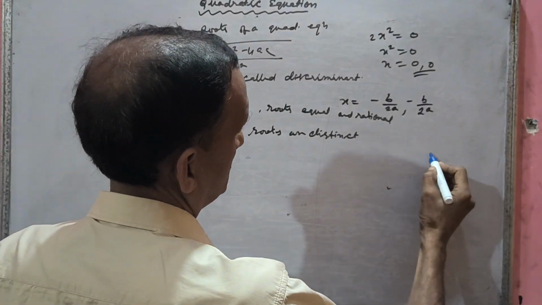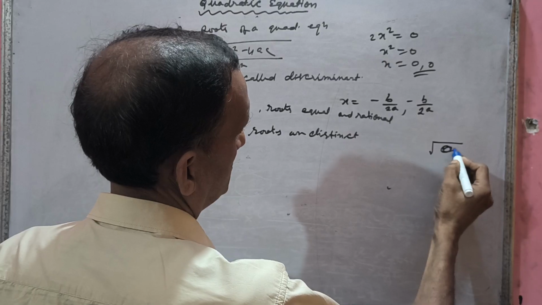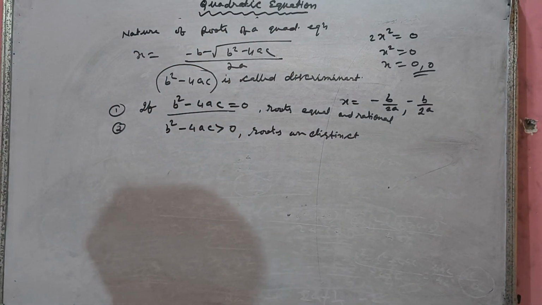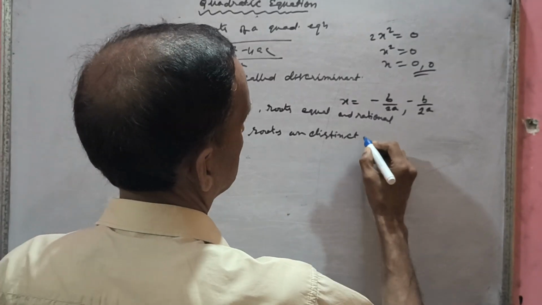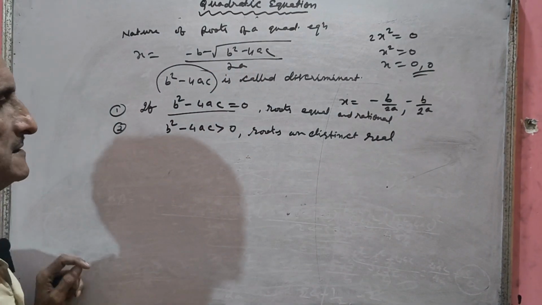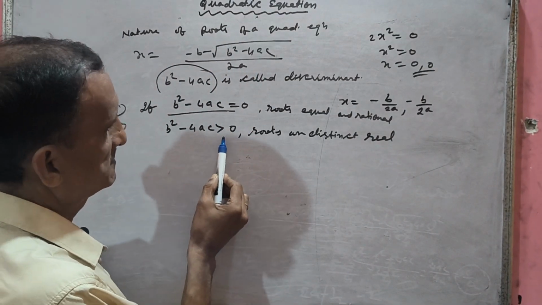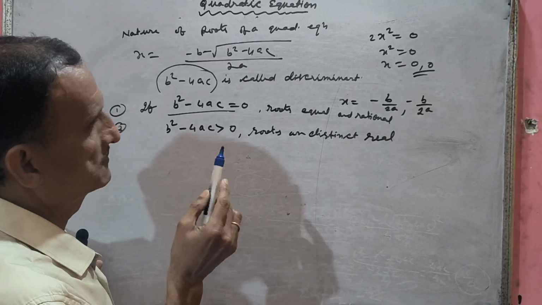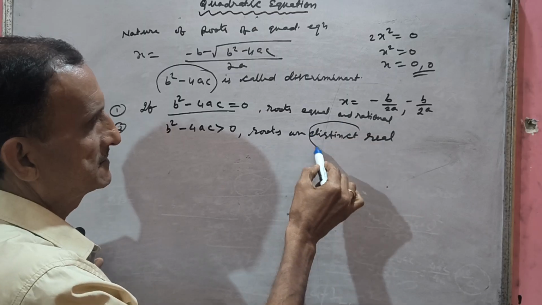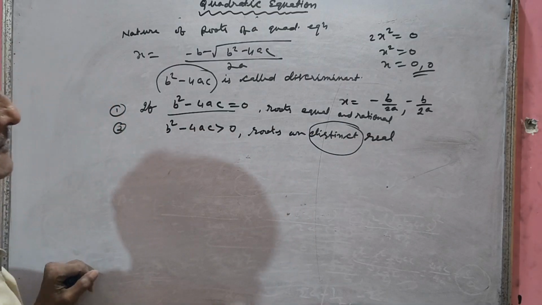And see, the number under the root is positive, means called what number? Real number. It is not negative, no? So real. You can say that if b square minus 4ac is greater than 0, then roots of a quadratic equation are real and unequal, or distinct.